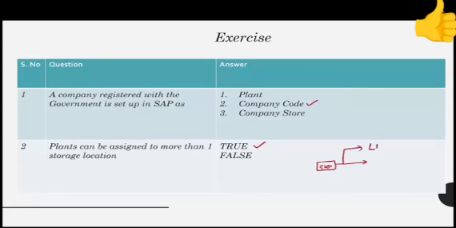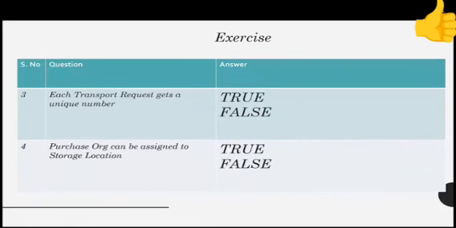One in Lincoln Park, one in Naperville, and another in Schaumburg, right? Each transport request gets a unique number. True. So as soon as you create your transport request, click on new, it will generate a unique number. You can try it.